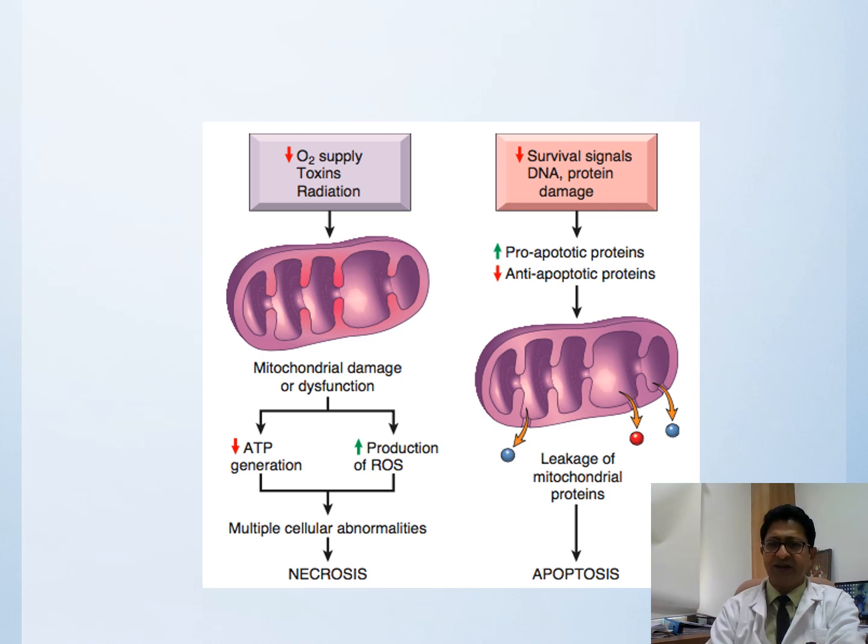Whenever you have such an effect on the mitochondria, there can be a leakage of mitochondrial proteins. The ribosomes get detached, as a result of which there is decreased protein synthesis, and ultimately the cell can undergo a form of cell death, and this particular form we call apoptosis. And this is a different form of cell death which we call programmed cell death.